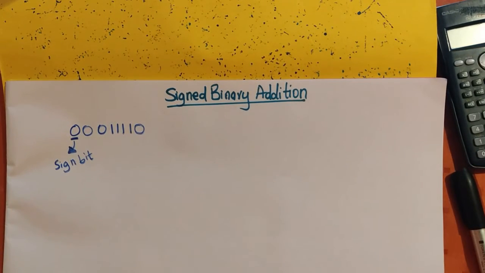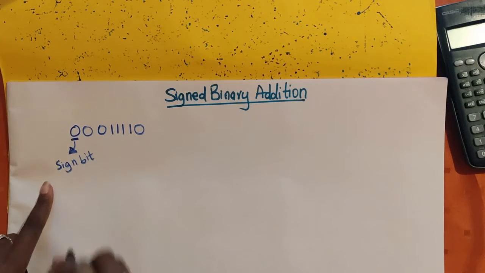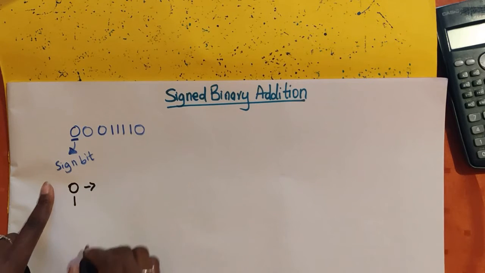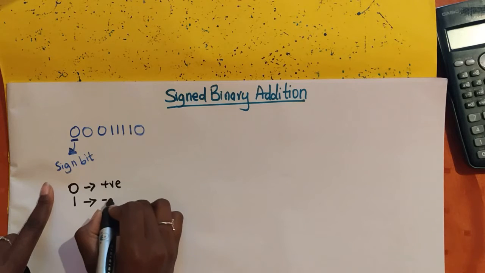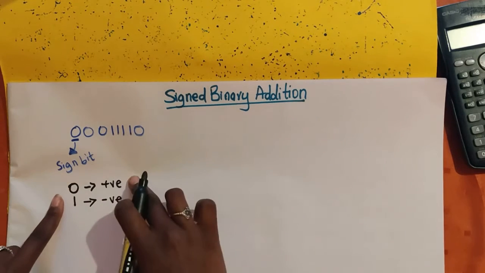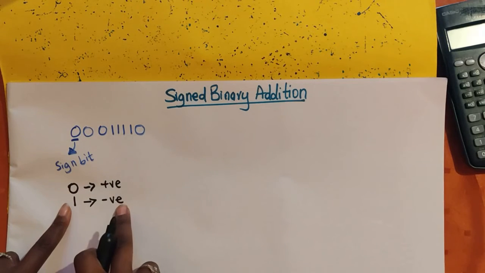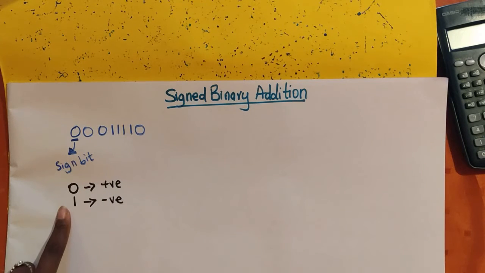And the sign bit can either be 0 or a 1, whereby 0 represents positive and 1 represents negative. So when the number you're writing is positive, the first bit is a 0. When the number you're writing is negative, the first bit is a 1. And this comes in handy when you have the possibility of having negative numbers in your system. Okay, so that's what we're going to be doing.